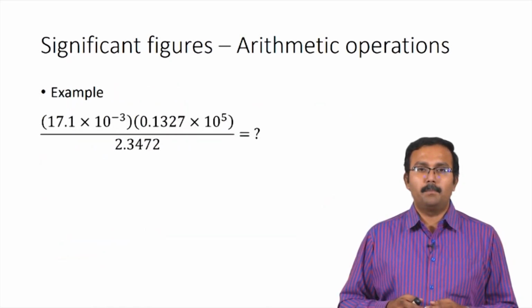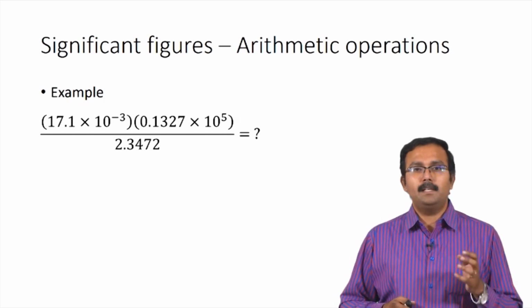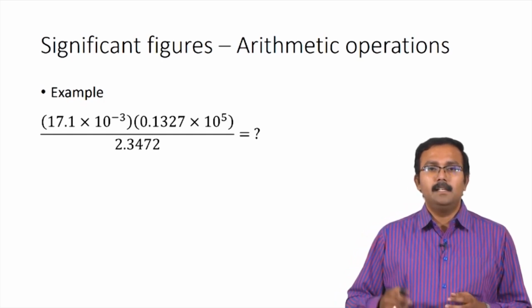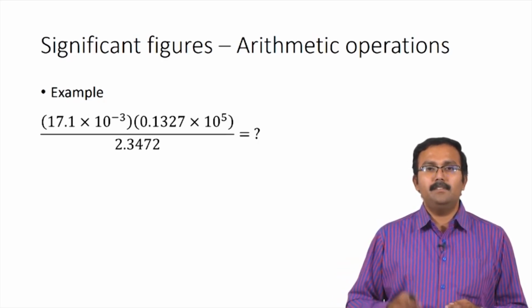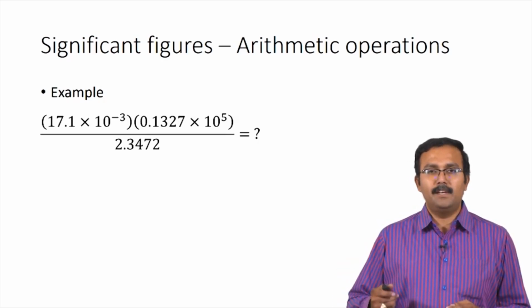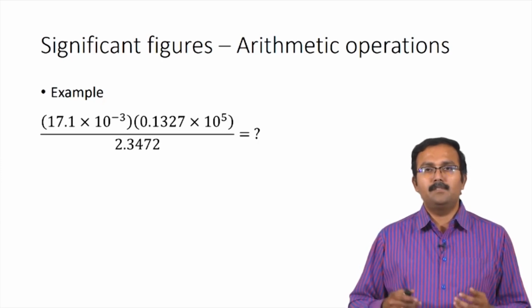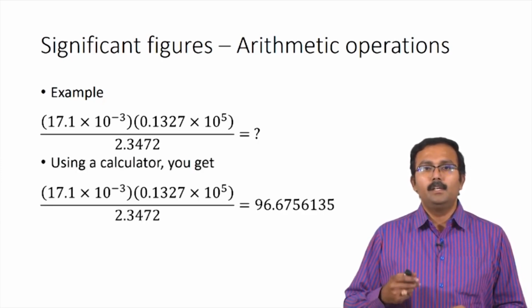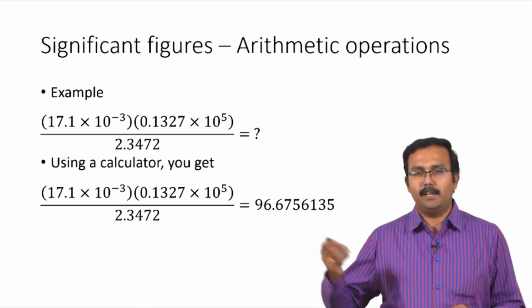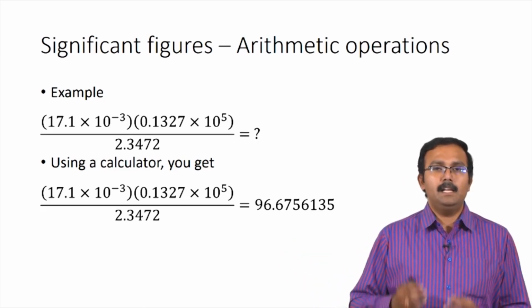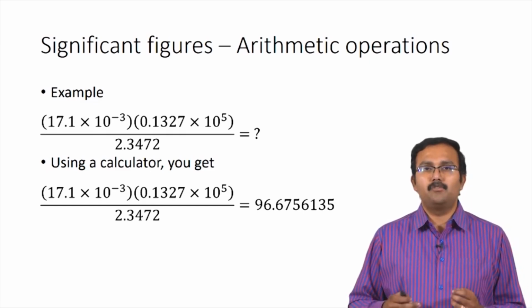This will accurately represent the physical validity of the numbers which you have used. Here is another example problem. 17.1 times 10 power minus 3 into 0.1327 times 10 power 5 divided by 2.3472. If you were to plug these values into a calculator, you would end up with 96.6756135. This is mathematically accurate, but physically it is not.